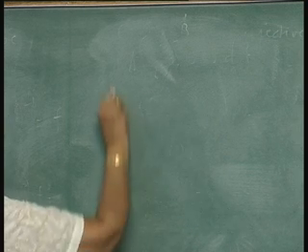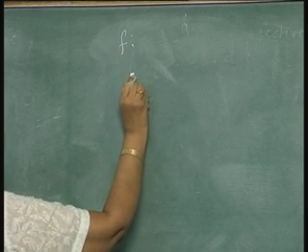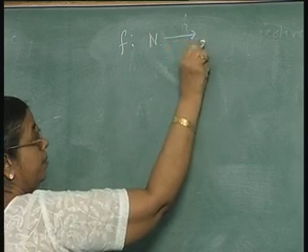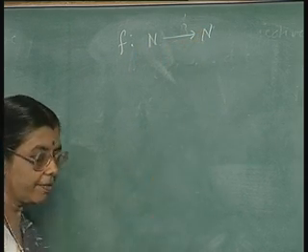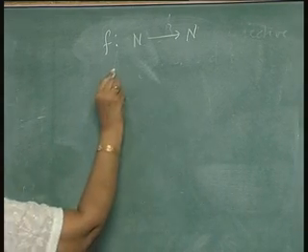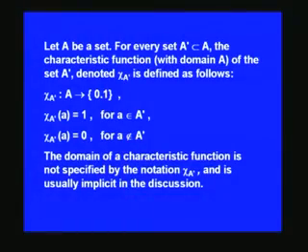Let us try to do one example. Define a function f like this. It is from N to N, the set of non-negative integers to N, such that it is defined like this. f of x is equal to x minus 10 if x is greater than 100.